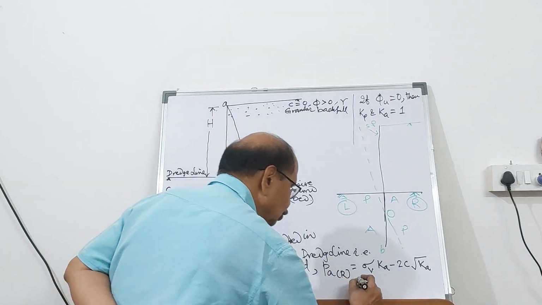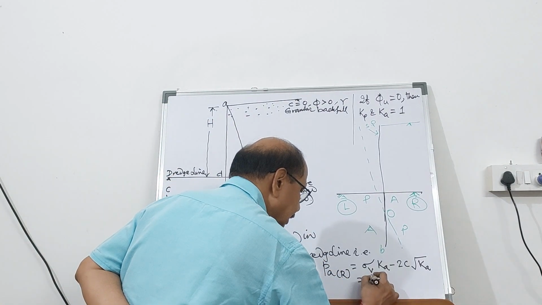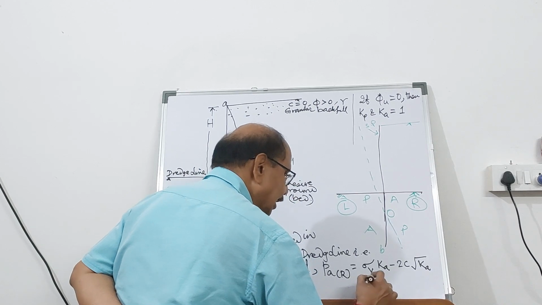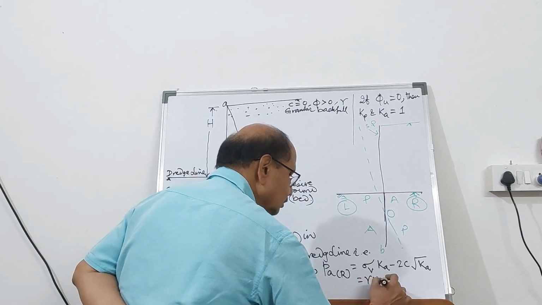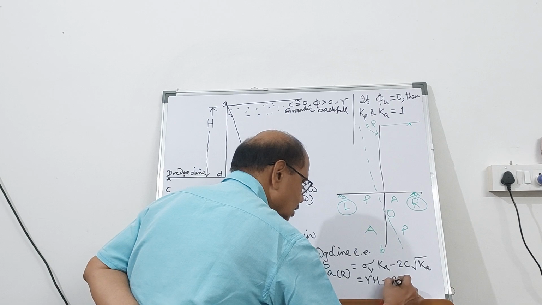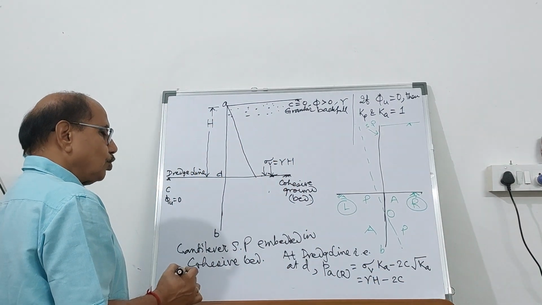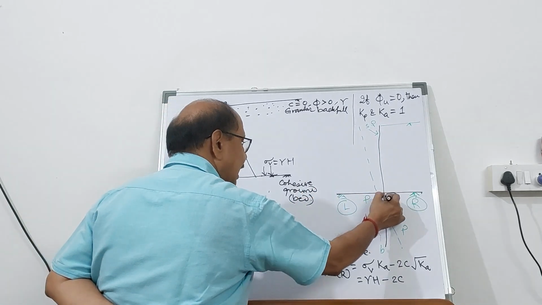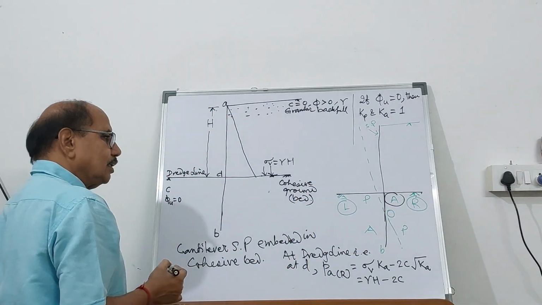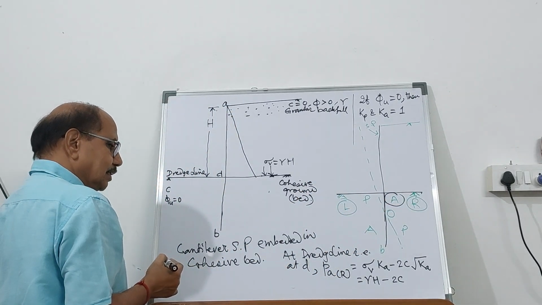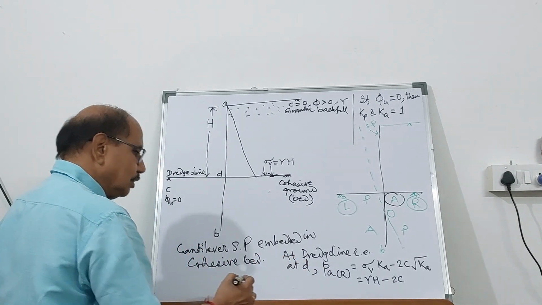It is gamma H. So this will be gamma H, K is 1, minus 2C.